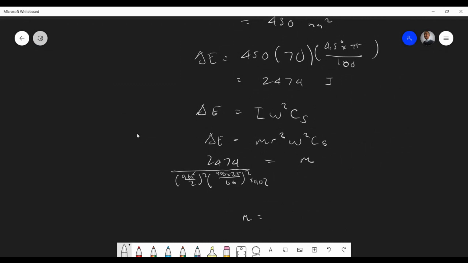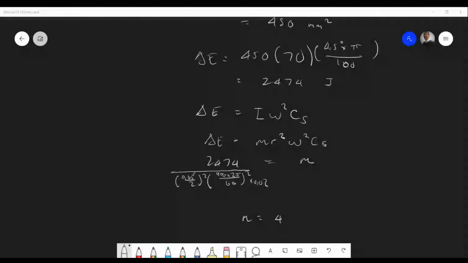If you work that out: 2474, 0.65 divided by 2, 900 times 2 pi over 60 squared times 0.02. What mass do you get for your flywheel? It doesn't seem like I'm getting my answer here. Not sure exactly what I did wrong. Oh, it's a radius squared, that's why. Okay. 131.84.